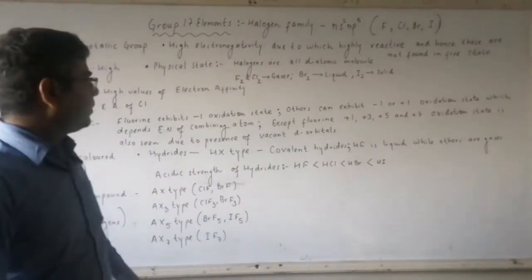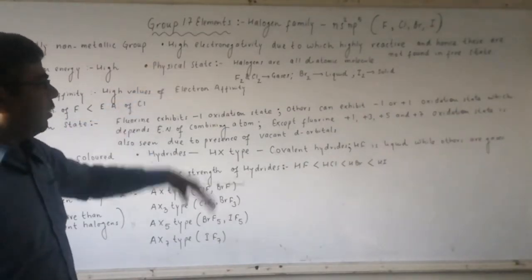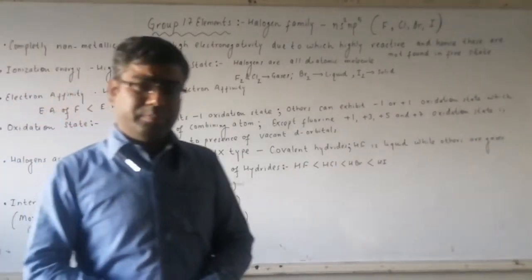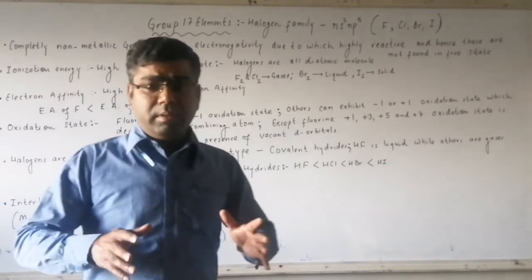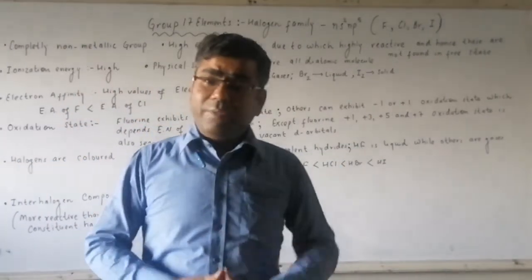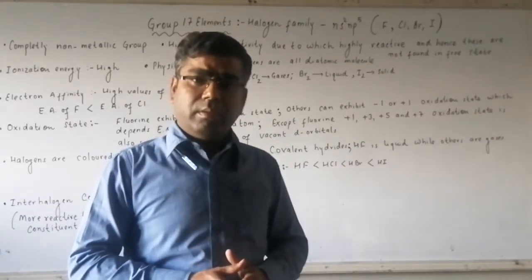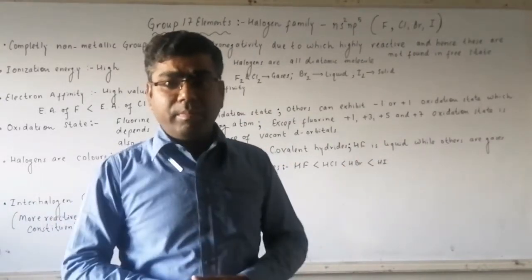Then comes the next one. Due to high electronegativity, they are highly reactive. Remember, if the elements are highly electropositive, they will be reactive. If the elements are highly electronegative, then they will also be reactive.